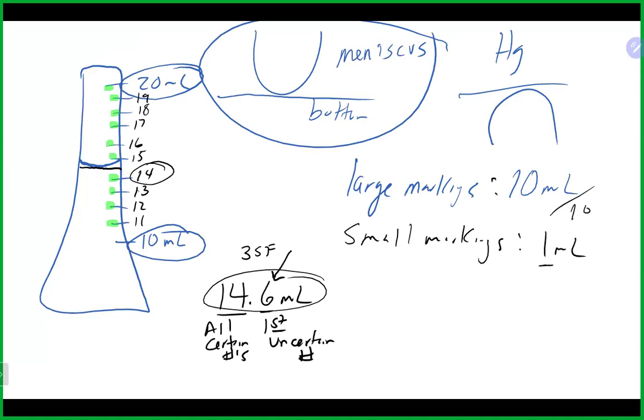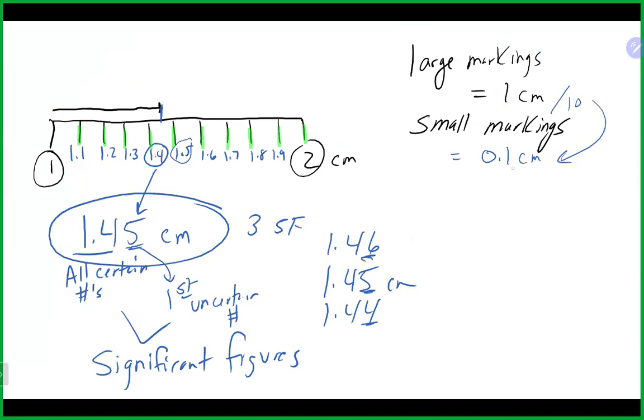Our smallest marking is the whole number. We're able to go one more place to the right to the first decimal place. In our first measurement, our smallest marking was the first decimal place. We're able to go one more place to the right, and that is where we recorded our number. First off, any questions on how to properly take a measurement here?